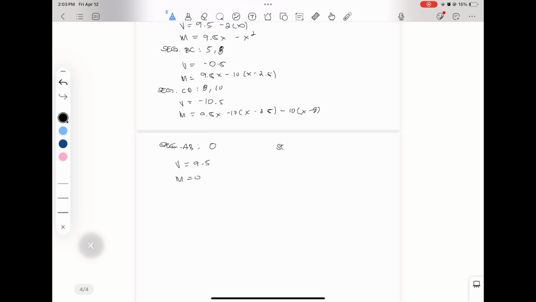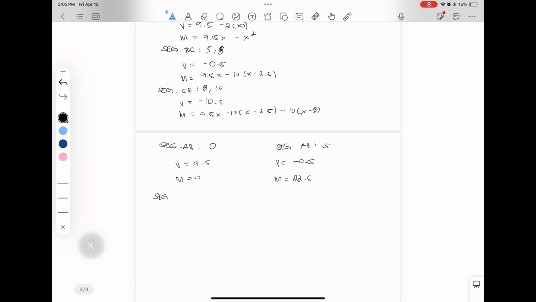And then segment AB, when it's 5, V is equal to negative 0.5, the shear, and then the moment is equal to 22.5.